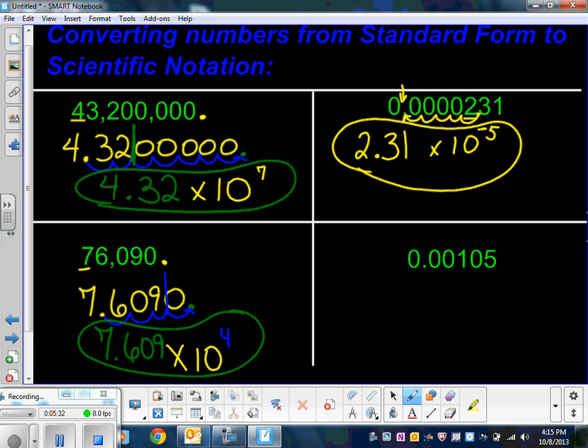The same idea applies. Locate your original decimal. Go ahead and find your first number that is not a 0 as you travel from the left of the number to the right. In this case, it's a 1, so we put a decimal after it. As always, since we're in scientific notation, we have a times 10.